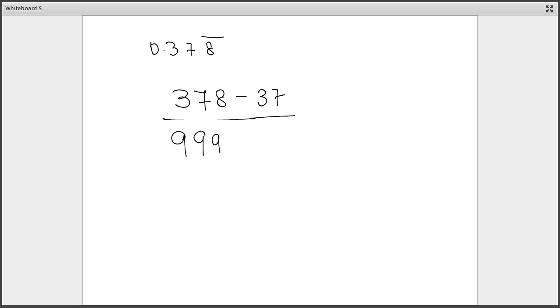Okay, let's take this as m. Now multiply this equation by 1000. If I multiply this equation by 1000, what I will get is 1000m equal to 378.888 and so on. Now multiply this same equation by 100.